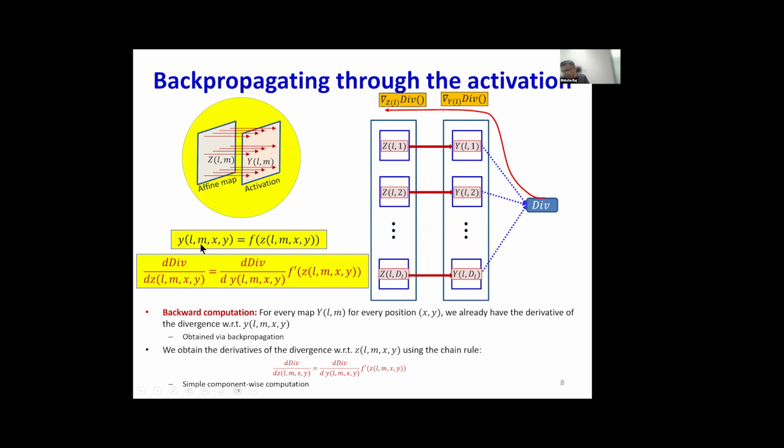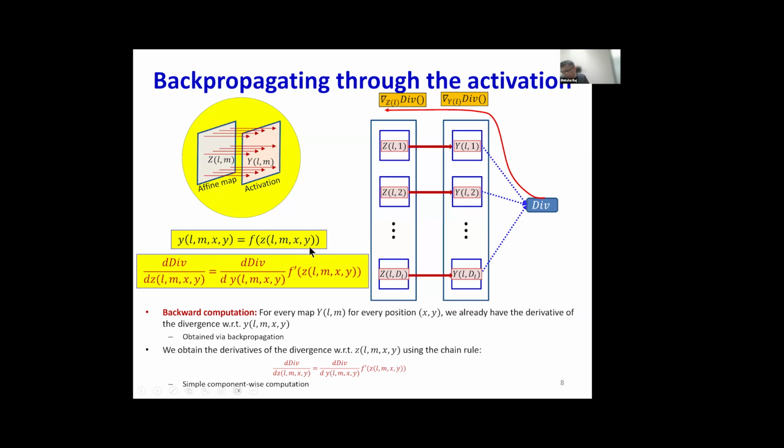So Y_L,m,x,y, which is the activation at the (x,y)th position of the mth channel of the Lth layer, was obtained by applying the activation f to the (x,y)th element of the mth affine channel of the Lth layer.